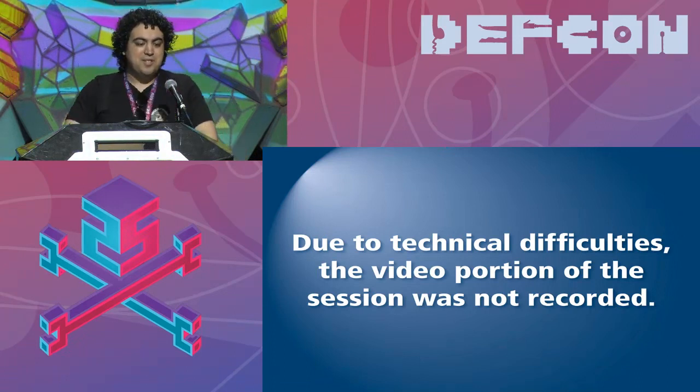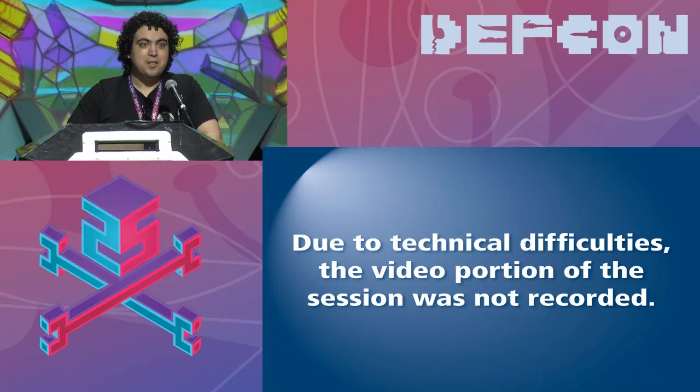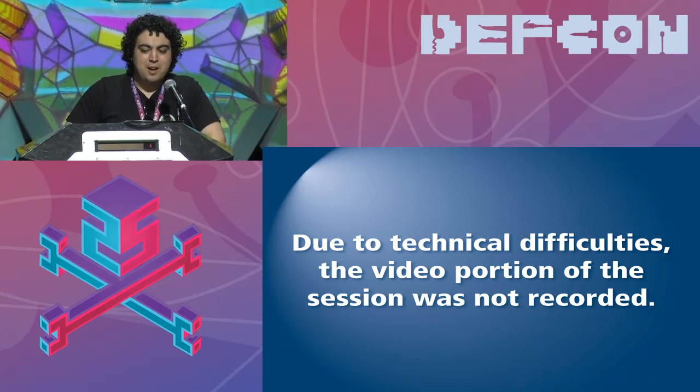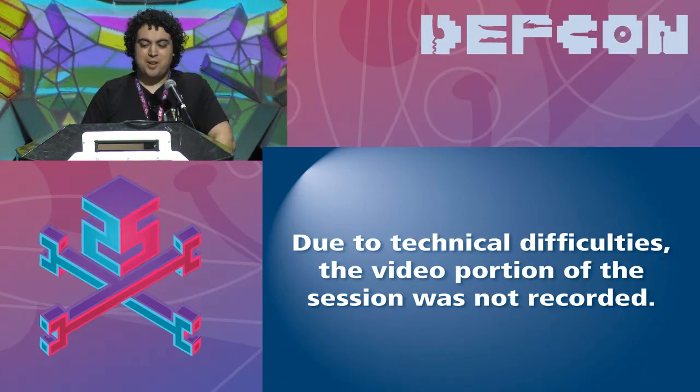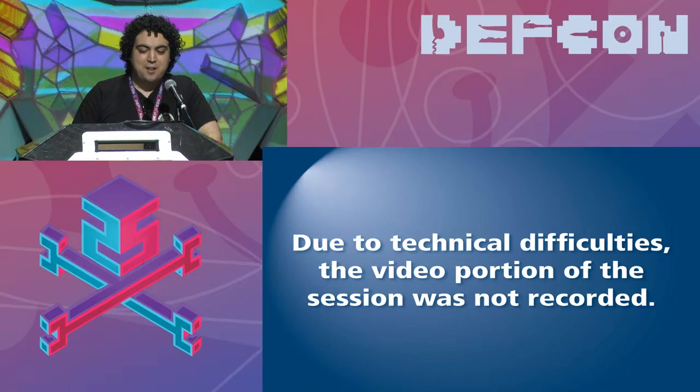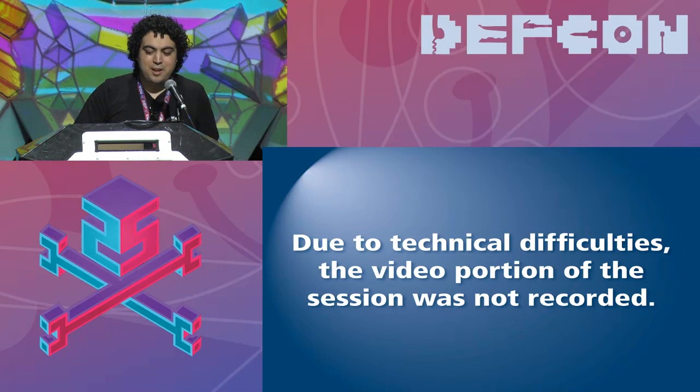And the simplest form of rogue AP attack is the evil twin attack. The way that works is that you have an access point, like the one that we see here, and then you have a bunch of clients connected to it. So let's say that these 4 clients are connected to DEF CON open on channel 6. If an attacker creates an identical access point to this one, but with a stronger signal strength, and also has DEF CON open on channel 6, this will cause the clients to drop their associations to the valid access point and then connect to the rogue access point, which you see down here.